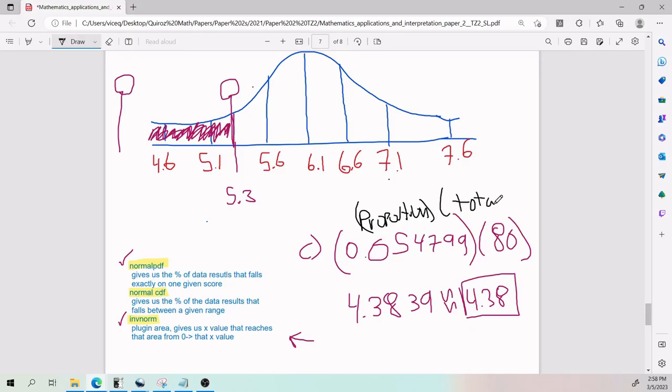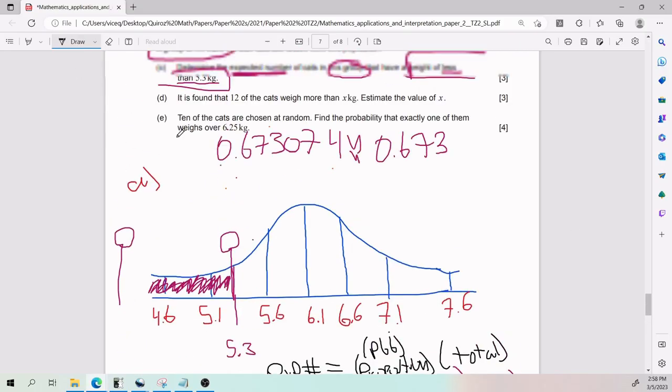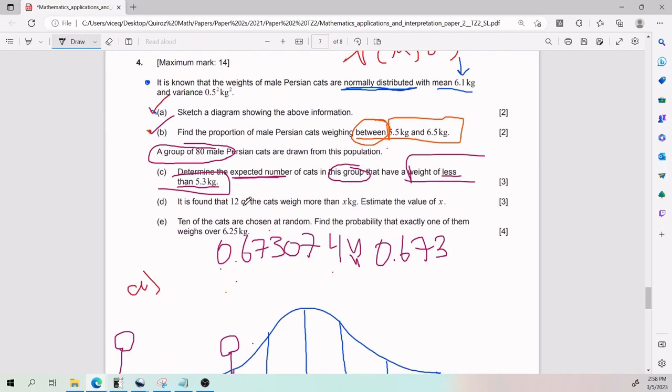Proportion multiplied by total gives you your expected number. Proportion in this case is a little bit like probability, so your probability times your total is going to be your expected number. See? So that is how you treat expected number. You first need a percent, and then you multiply it by a certain amount.